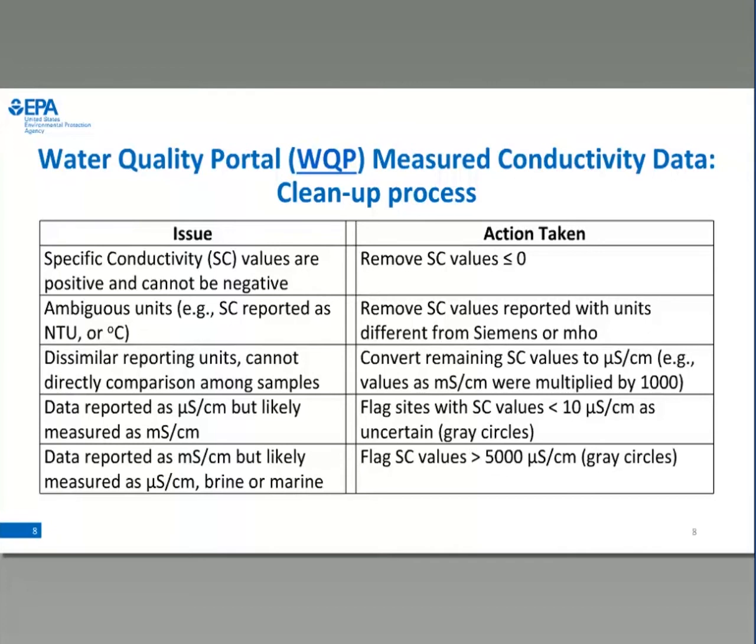So for example, a value for nutrients or conductivity can never be less than 0. In other words, a negative number. And so anything with a negative number, we simply removed it and it does not appear in the data set.